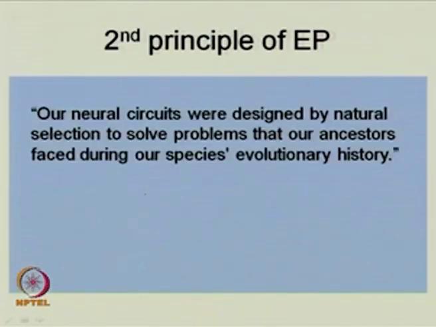We also saw the second principle as given to us by Tooby and Cosmides, and I quote, "Our neural circuits were designed by natural selection to solve problems that our ancestors faced during our species' evolutionary history," which is to acknowledge the fact that our circuits were designed by a force, if you will, which is the one that was so elegantly formulated by Charles Darwin in the 19th century, the force of natural selection.